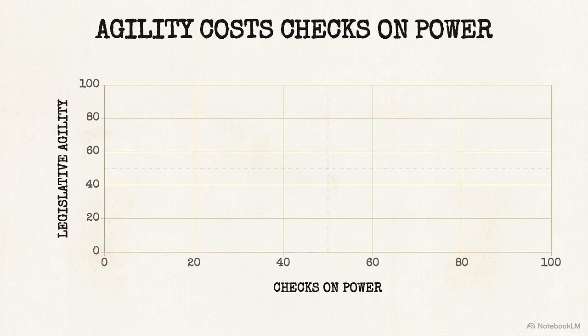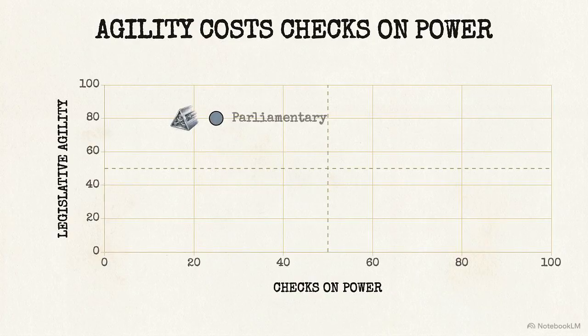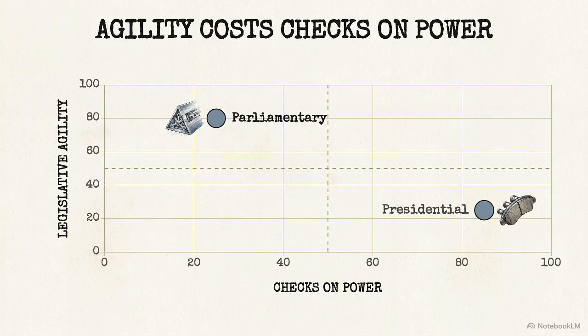This quadrant chart plots how these systems compare directly against one another, measuring legislative agility against the strength of checks on power. The parliamentary system sits high on agility in the top left, prioritizing the speed of policy implementation over complex blocking mechanisms. The presidential system sits in the opposite corner.